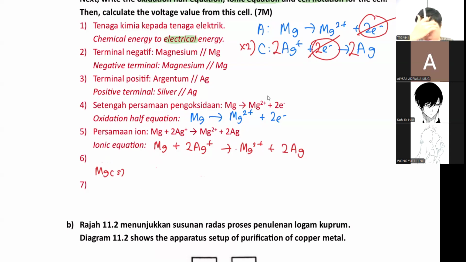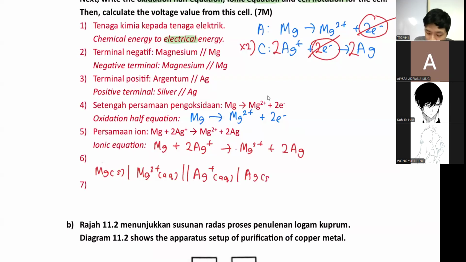The answer scheme I have to change a bit. I think I'll send it tomorrow. I should edit it a little because there are many mistakes. So Mg2+(aq), Cu2+(aq), and Cu. I like Cu so much, I don't know why. Okay, so Ag+(aq) and Ag solid.